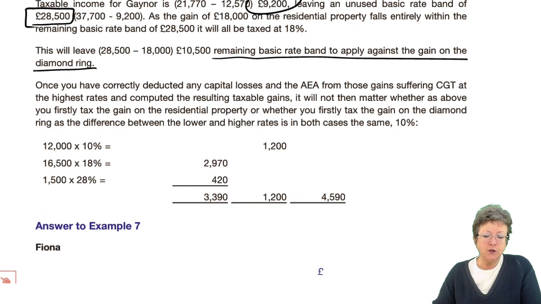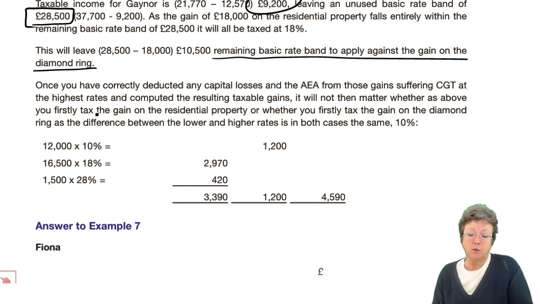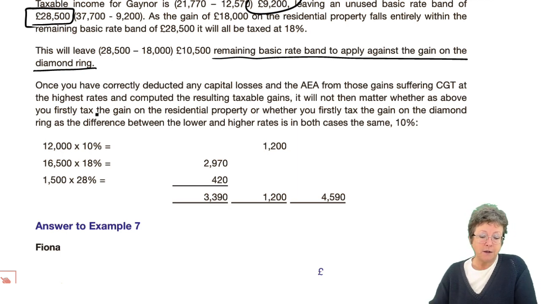Once you've deducted any losses or AEA from the gains suffering CGT at the highest rates and computed the resulting gains, it will not then matter whether, as above, you firstly tax the gain on the residential property or the gain on the ring.